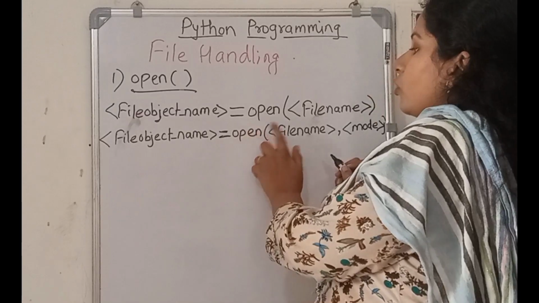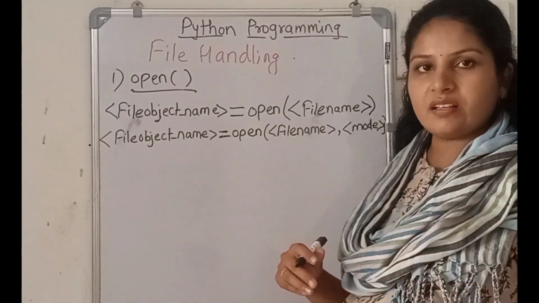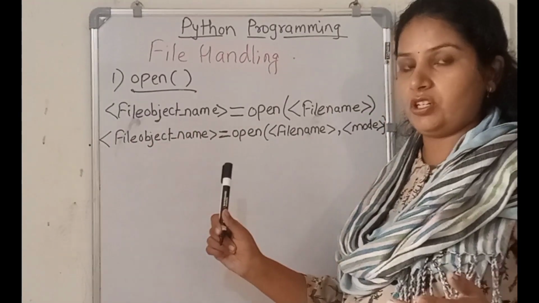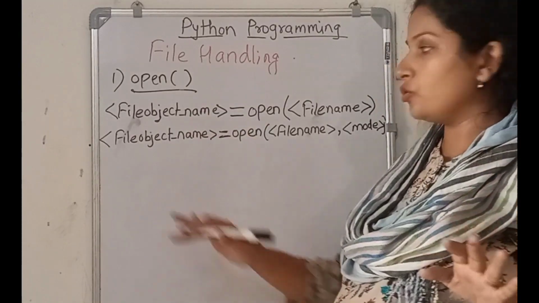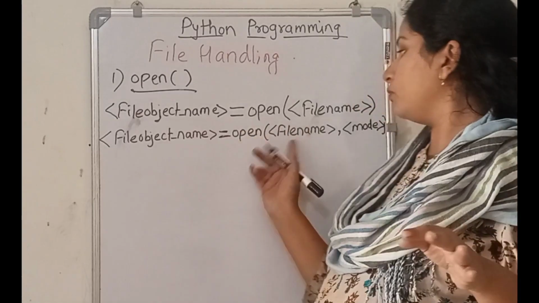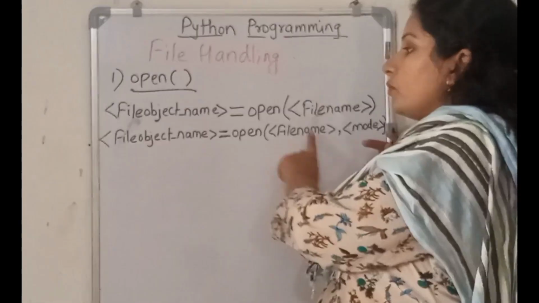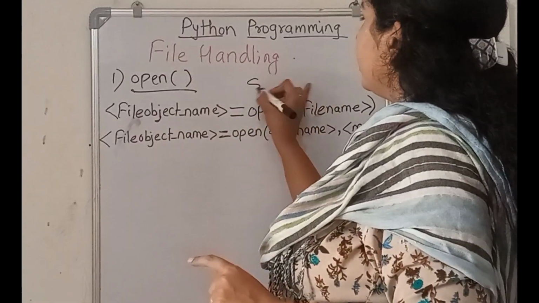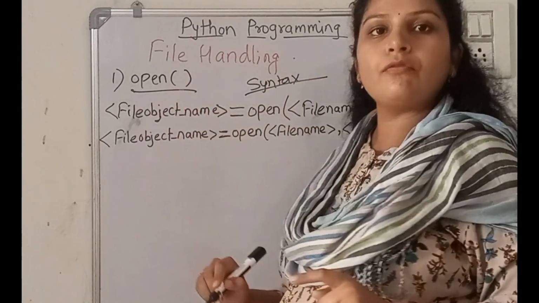Why? Because we are opening the file, and whichever content or access of the file, we give this access to the file object. And in the next instruction, we are going to use only the file object name. We are not using the file name, because we have already placed the content of the file into the file object. So this is the syntax for the open function.